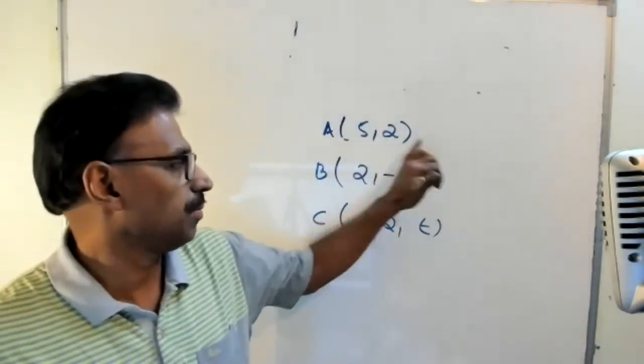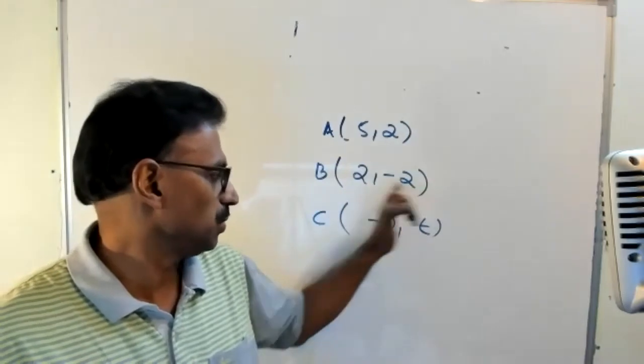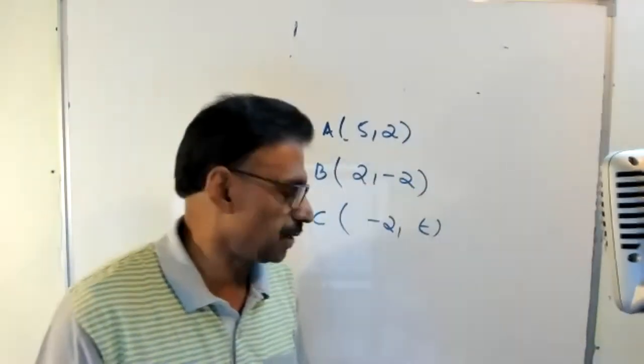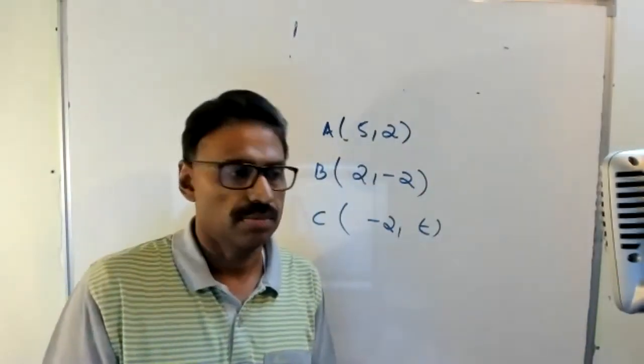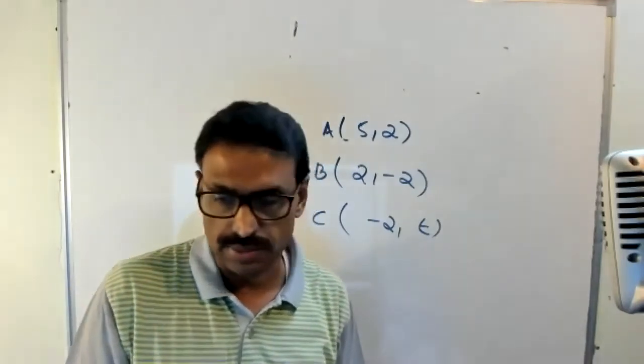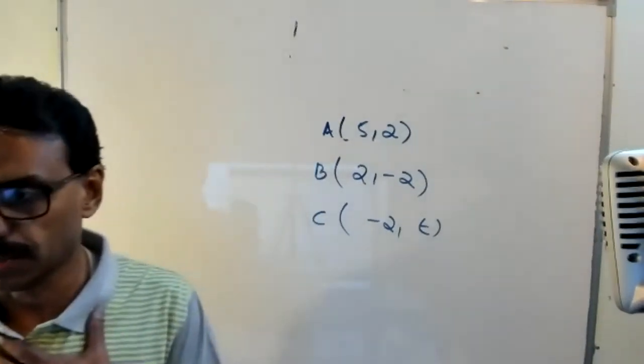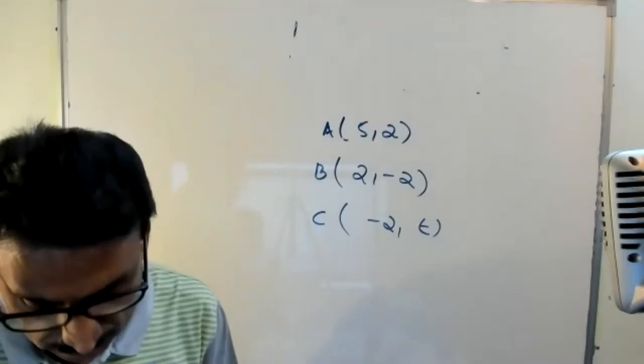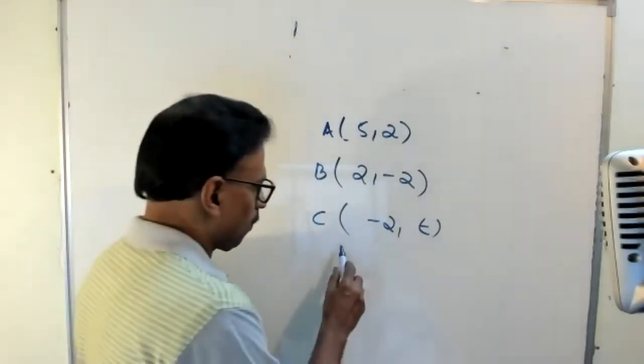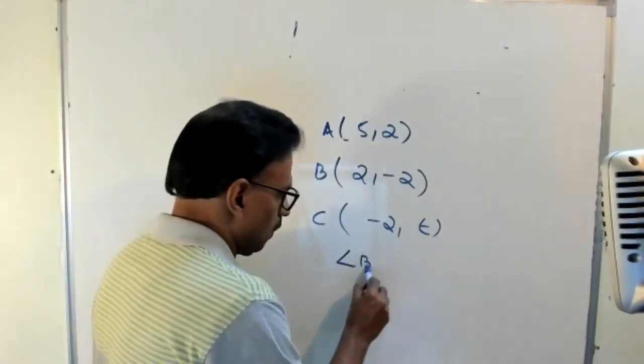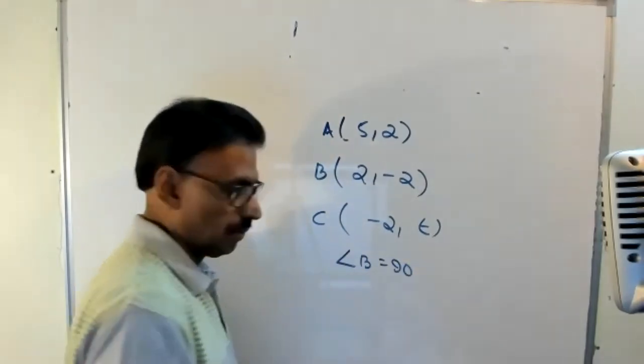A(5, 2), B(2, -2), C(-2, t) are the vertices of a right angle triangle, angle B 90 degrees. Okay, try now.